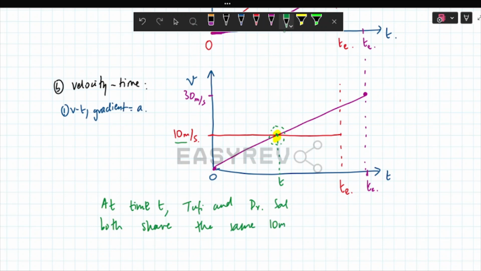Specifically, the same 10 meters per second worth of velocity. So on a velocity time graph, it's very easy to physically interpret what it means for two graph lines to intersect. All that means is that at that point in time, both moving objects, in our case Tufi and Dr. Sal, have the same velocity.